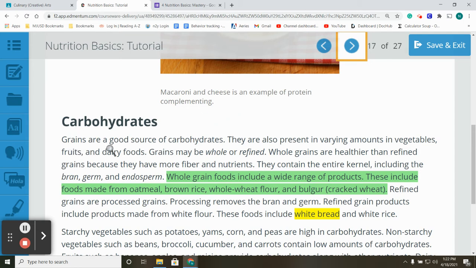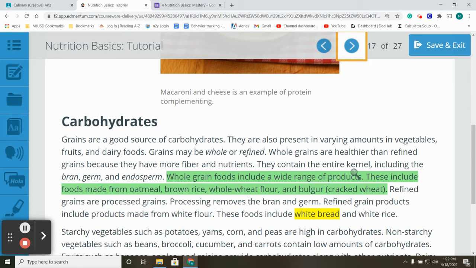Carbohydrates. Grains are a good source of carbohydrates. They are also present in varying amounts in vegetables, fruits, and dairy foods. Grains may be whole or refined. Whole grains are healthier than refined grains because they have more fiber and nutrients.